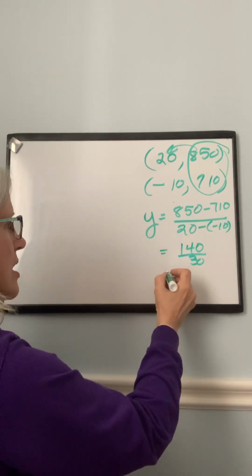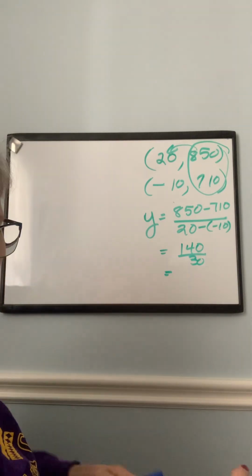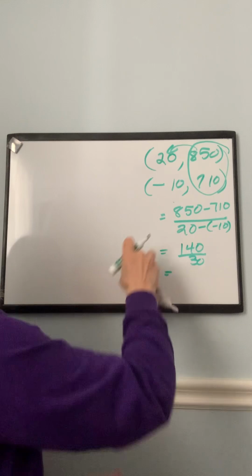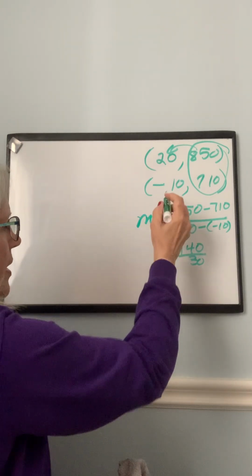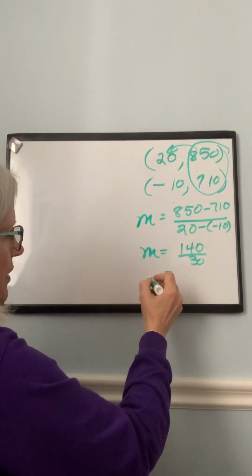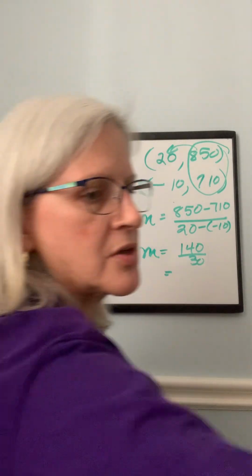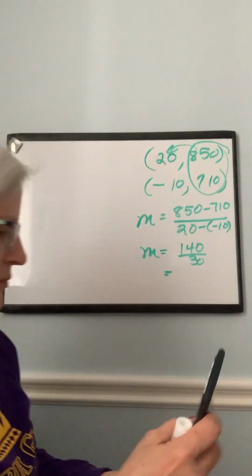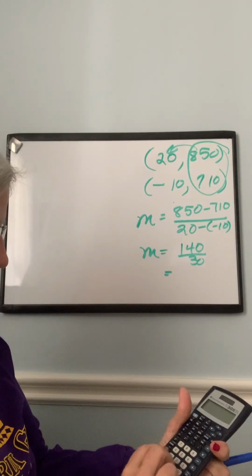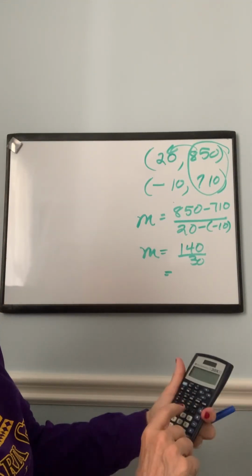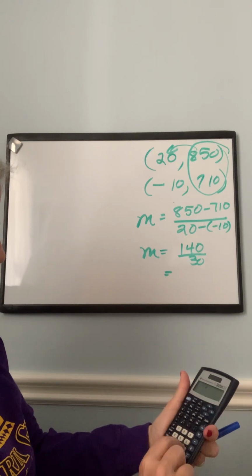And so my slope, I have a y here, this should be m. This is my slope. M is my terminology for slope. My slope would be this value, and I could round off to the nearest third or fourth decimal. So I would put this in my calculator and see what I have if I divide this out.